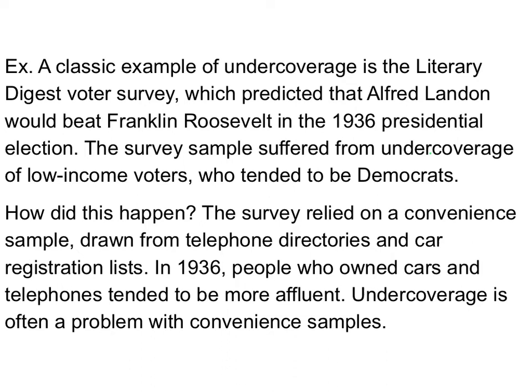This survey sample suffered from undercoverage of low-income voters who tended to be Democrats. How did this happen? Well, we saw in the video that the survey relied on a convenience sample drawn from telephone directories and car registration lists. Back in 1936, people who owned cars and telephones tended to be wealthier. So undercoverage is often a problem with convenient samples because you are leaving somebody out.